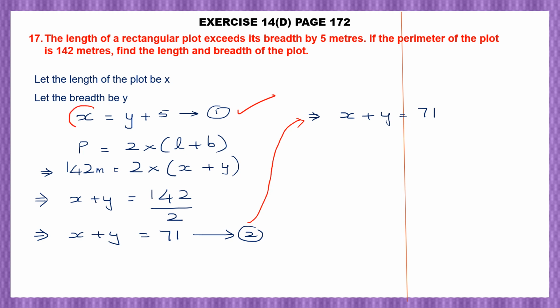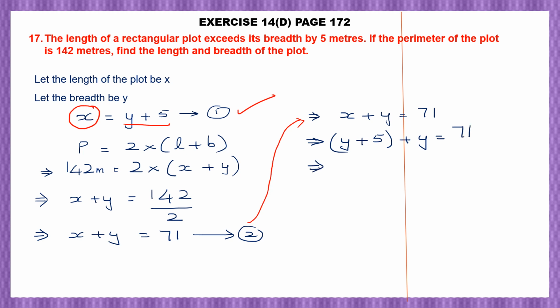I have the value of x given here as y plus 5. So wherever I have x, I'm going to substitute it with y plus 5. So instead of x, I'm going to write y plus 5, and I'll continue the rest of my equation: plus y is equal to 71.